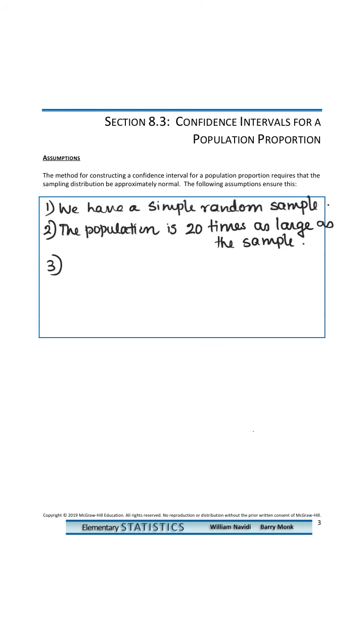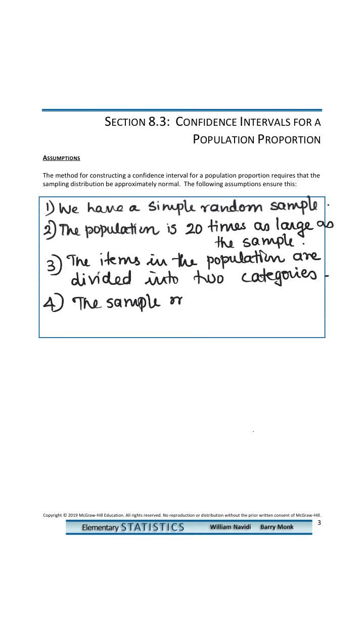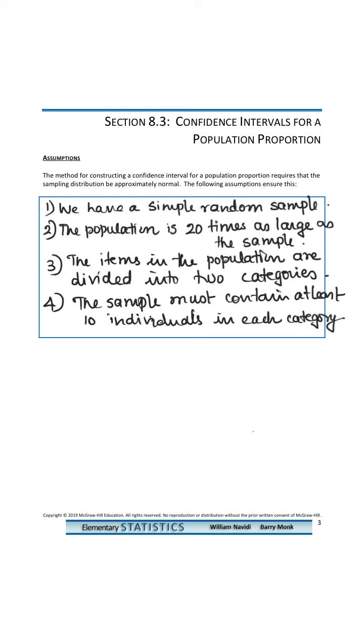The items in the population are divided into two categories. The sample must contain at least 10 individuals in each category. If all these assumptions are met, proceed with the steps to find the confidence interval.